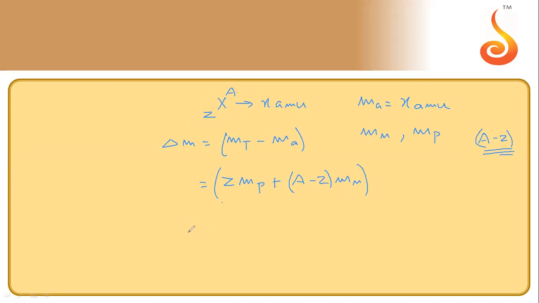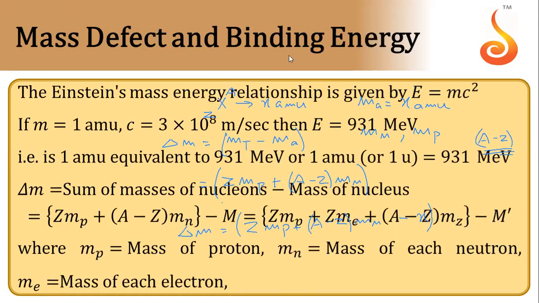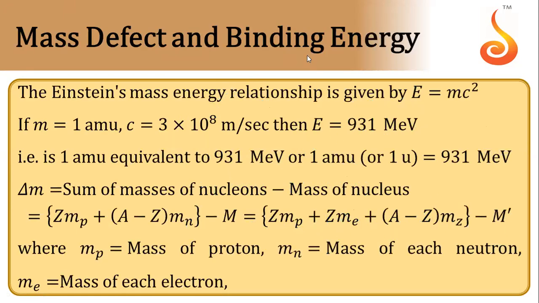So the formula of mass defect will be Z Mp plus A minus Z Mn, minus the mass given, which was X AMU. The same thing they have written here. So that is your formula which you can directly use.